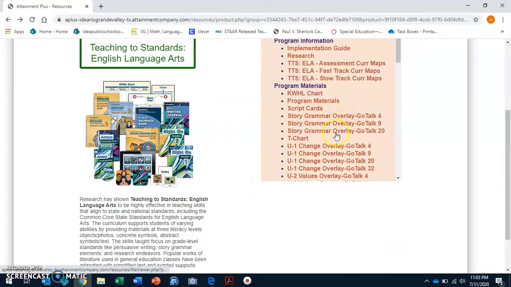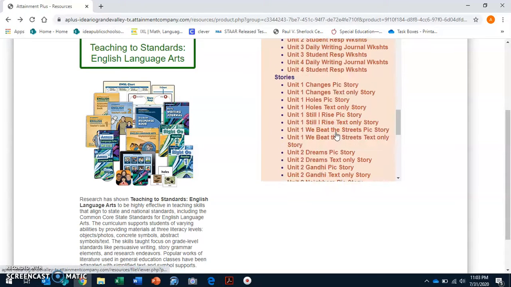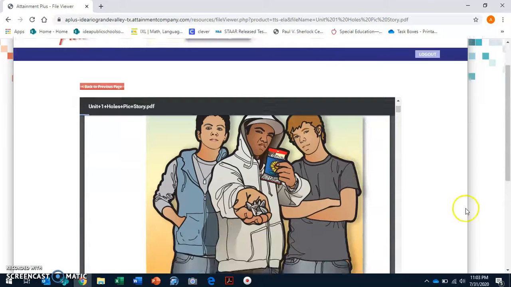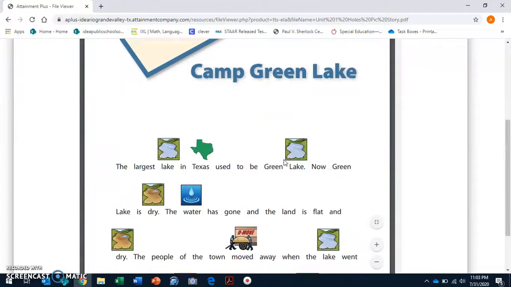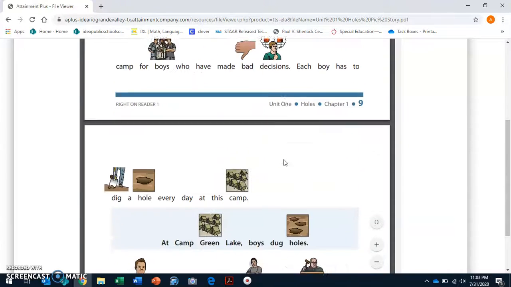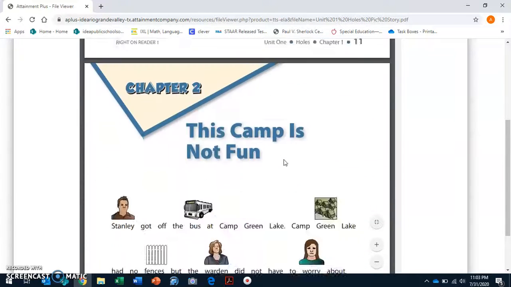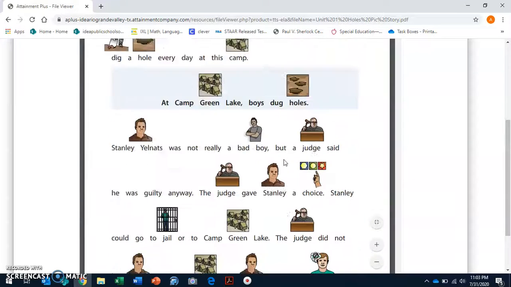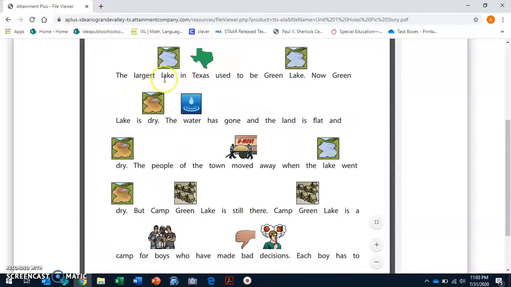For the low, you always have to have visuals. So here, you would take Camp Green Lake, and you would make up questions based on the story that you read, and you would do a question per page.